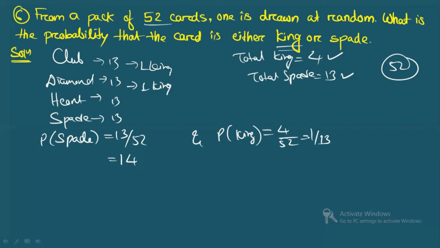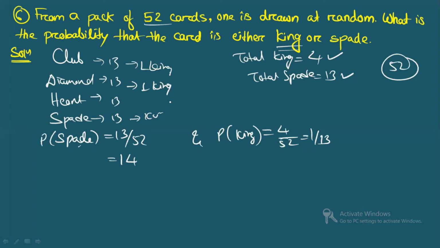Right? So you see here, in spade also you have a king. We cannot count that king which is also a spade twice, because it should be either a king or a spade. So you will have to exclude that.